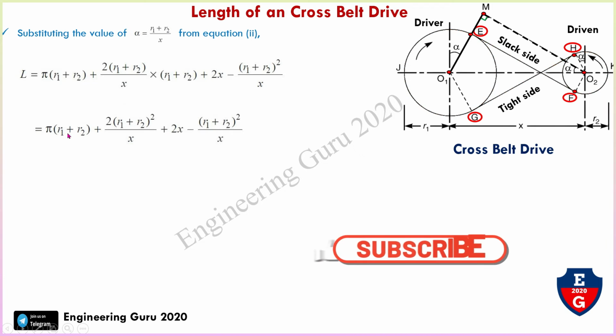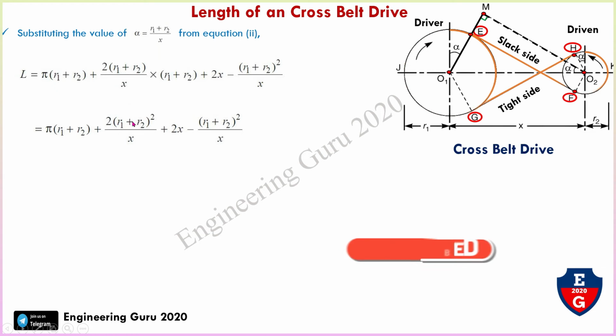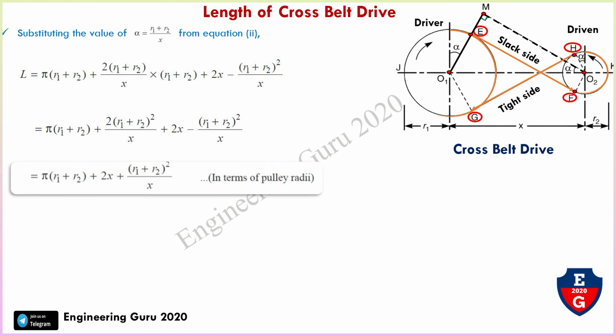Now pi (r1 plus r2) plus, these both terms are the same, so we can simply write 2 (r1 plus r2) whole square divided by x plus 2x minus (r1 plus r2) whole square divided by x. So this is our final answer. Length of cross belt drive is pi (r1 plus r2) plus 2x plus (r1 plus r2) whole square divided by x.